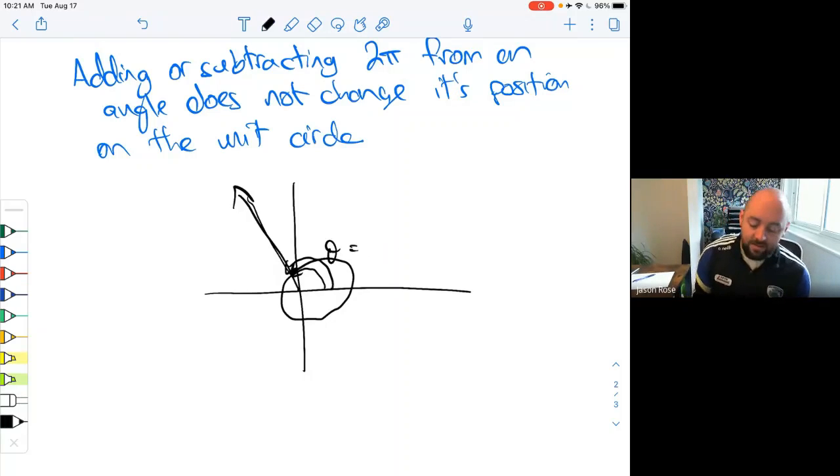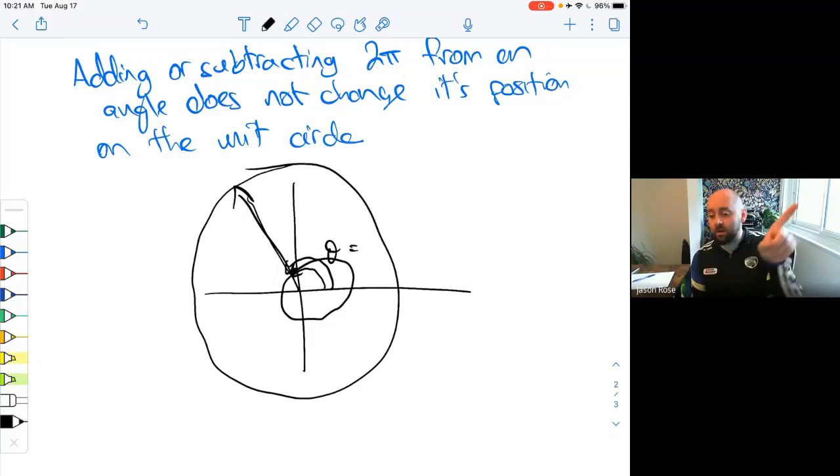They're different angles, but it doesn't change the position that your arc is going to on the unit circle. Sorry, I haven't drawn in my unit circle. So that means that cosine and sine of theta is the same as cosine or sine of theta plus 2 pi or theta plus 4 pi, theta plus 6 pi, theta minus 8 pi. Any 2 pi multiple, whether you add or subtract, won't change the value of cosine or sine of that angle.